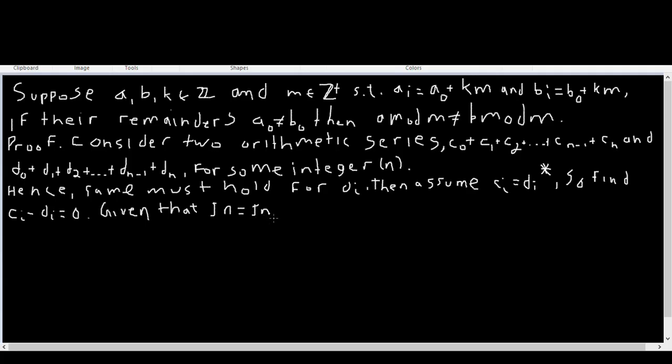So let's find C sub I minus D sub I. And if they equal each other, then their difference should equal 0.